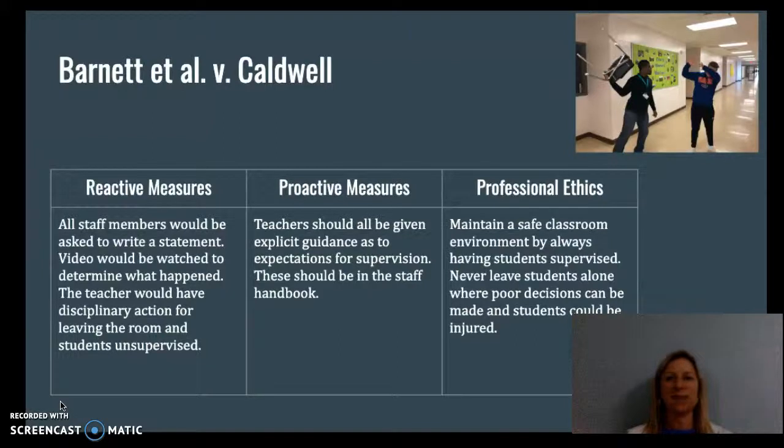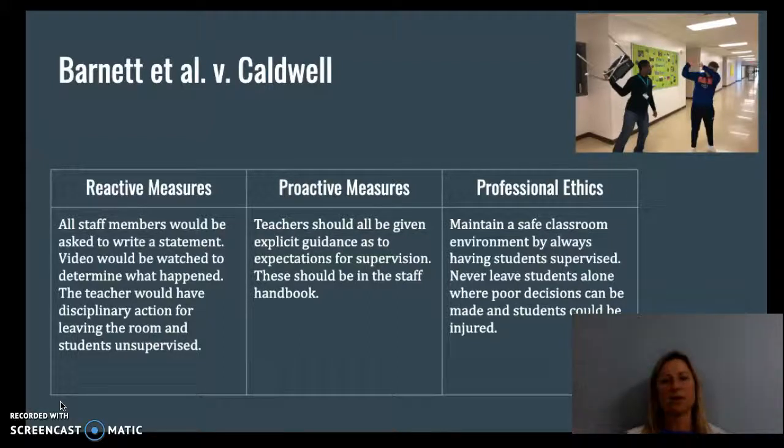That is something else, again, that we talk about repeatedly is students cannot be left alone. They cannot be unsupervised. If you've got to step out, you need to always make sure that there's certified staff in place and different things like that. They all need to be given explicit guidance as to the expectations for supervision.